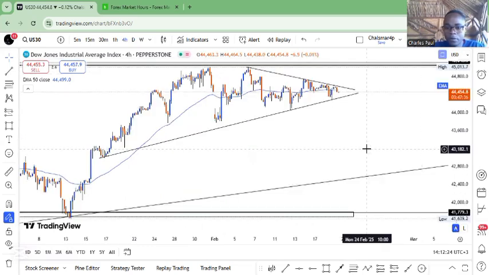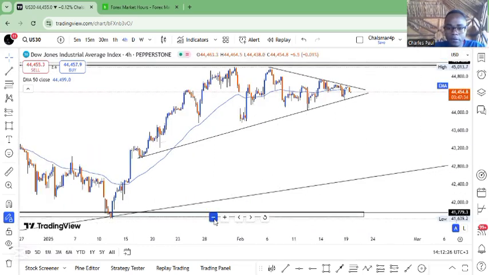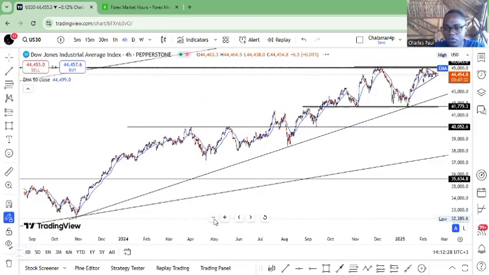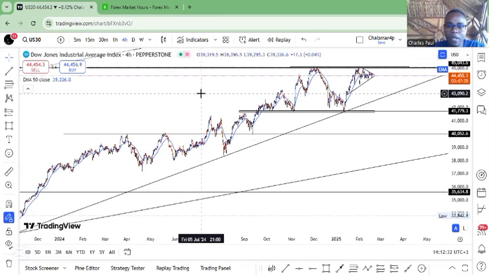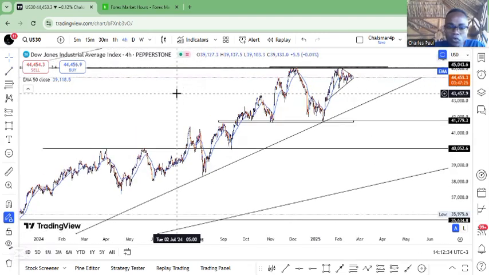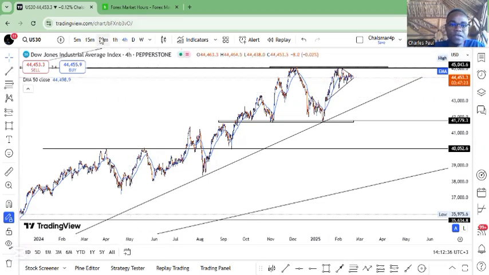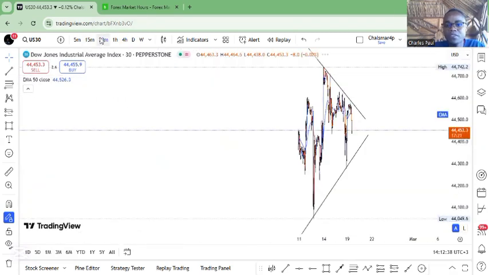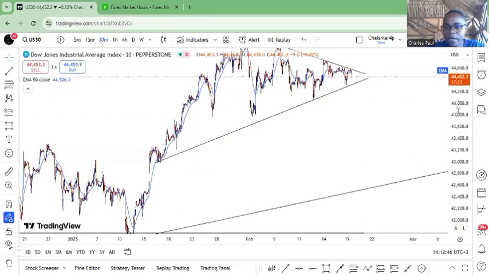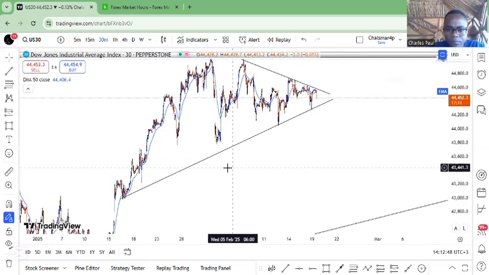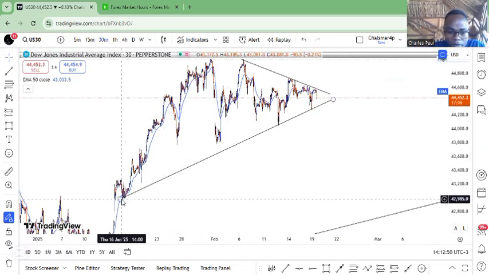Now, if you zoom in, you can see this level here. Now, what to do over here? Dropping onto the 30-minute time frame, you can see more confluences, and then you can have more options on what to do. So here, it was this point.